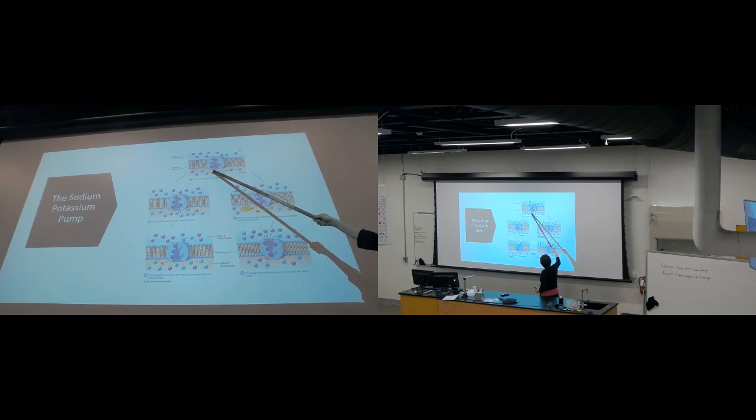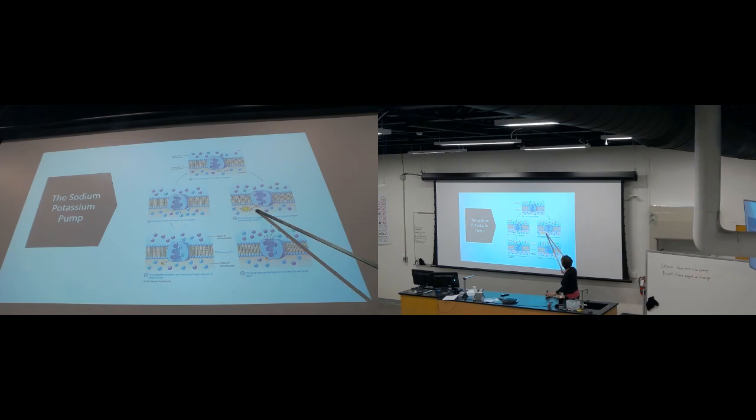So once it gets potassium loaded, ATP is used and it's broken down into adenosine diphosphate and inorganic phosphate. And that's what's driving the opening of this part of the channel. So see how this part of the channel is closed initially? But once you bind ATP, you have a configuration change, so the shape changes.